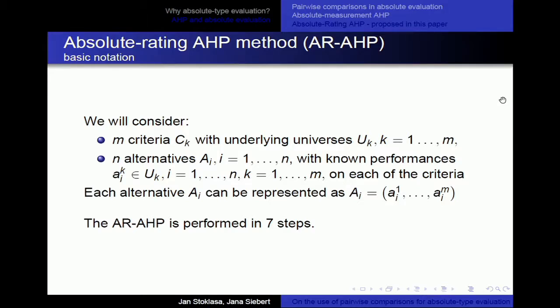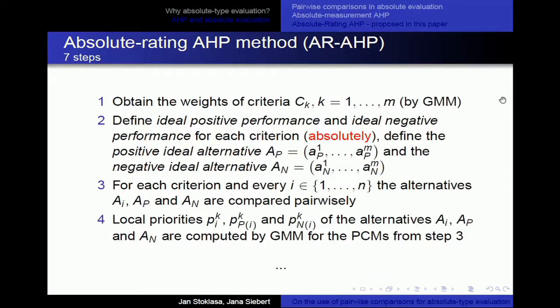But I will try to go through those steps very quickly and just show you what we need to do. So first of all, let's assume that we have the weights of criteria, however we calculate them: direct assignment, AHP, or simple geometric means from a pairwise comparison matrix, something like this. They do not even need to be normalized, but let's assume that the weights are normalized.